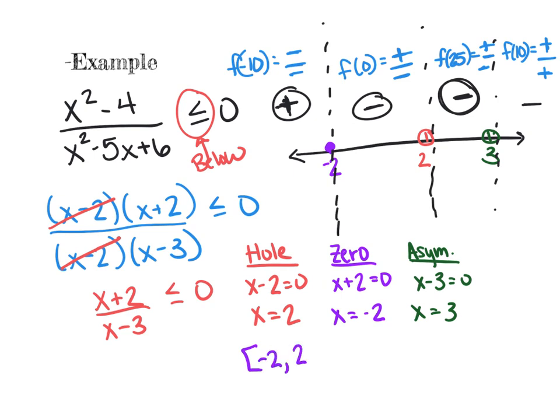But we can't include that positive 2 because it has a hole at it. And so we'll use this, and then we'll cover that hole using the union, and we'll go from 2, don't include it again, up to 3, but we don't include that again because it's an asymptote, so we're not going to include that. So here's the final solution.